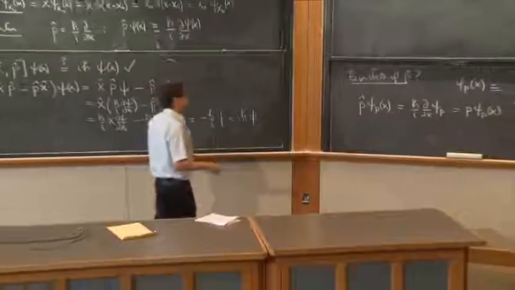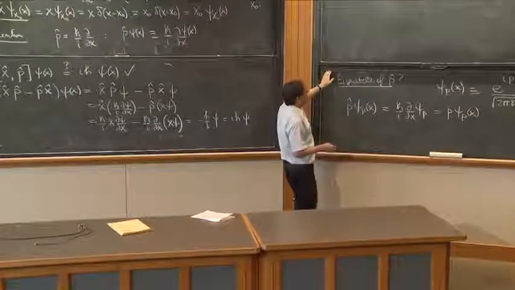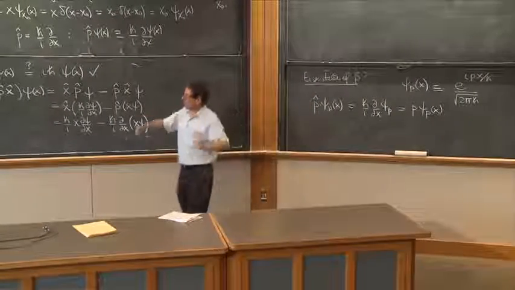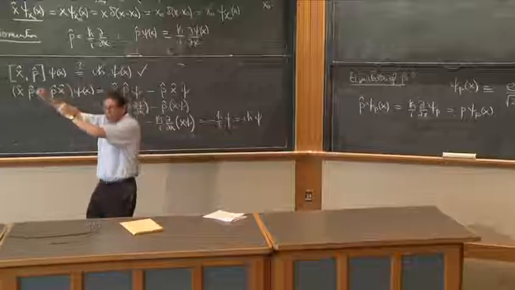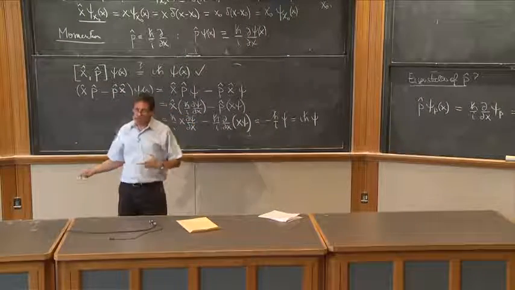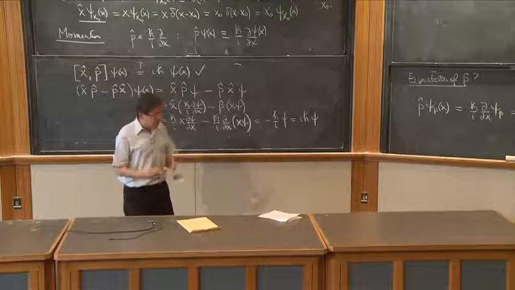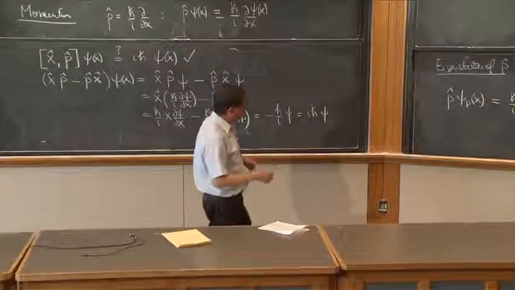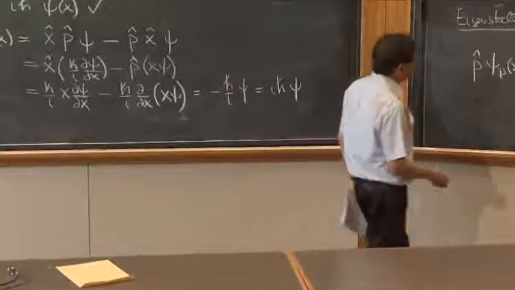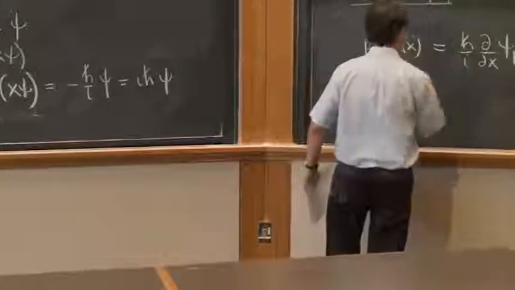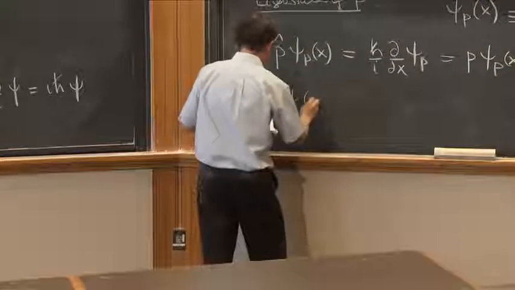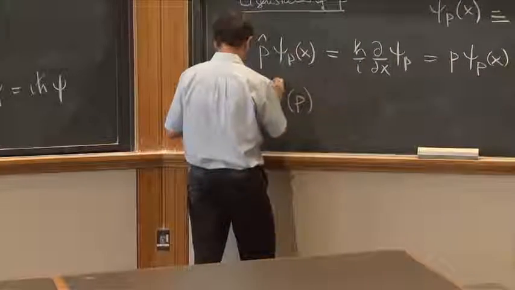Well, what is the use of this? If you have what we call the position representation of the wave function and operators, let us think now of the momentum representation. So what does all that mean? Well, there is the Fourier transform operation.